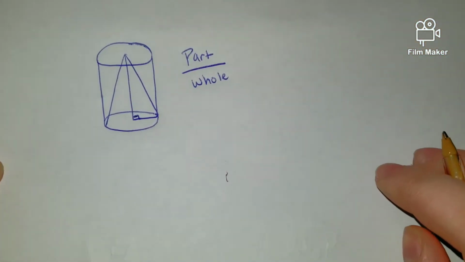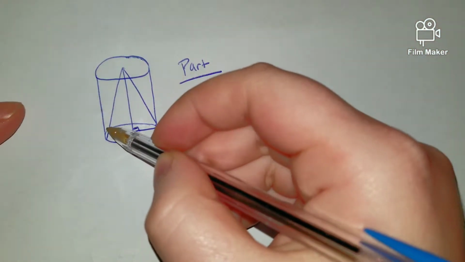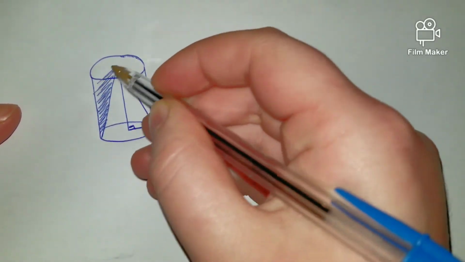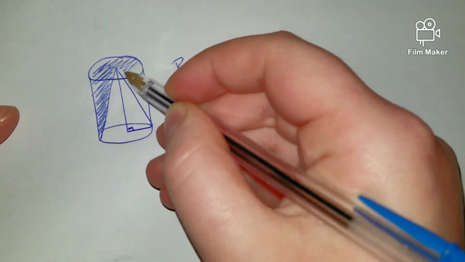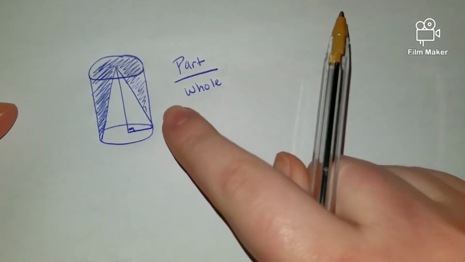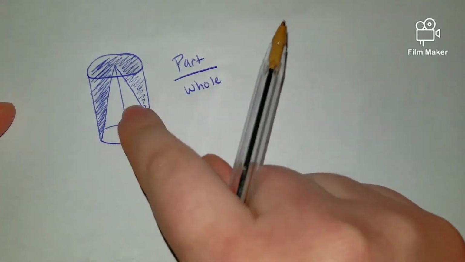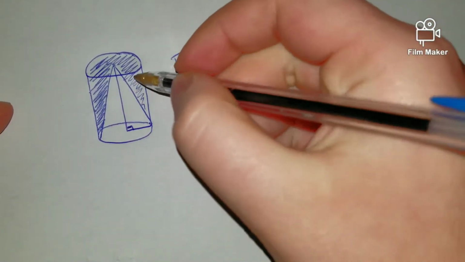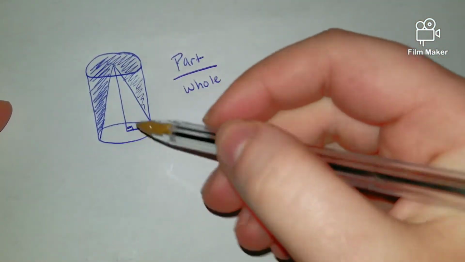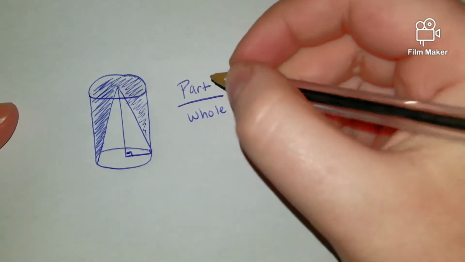and the problem is asking us to find the probability of choosing a point inside of this shaded region, so it's any point that is in the cylinder but is not in the cone. This shaded region, because that's what it's trying to find the probability of, would be considered the part.